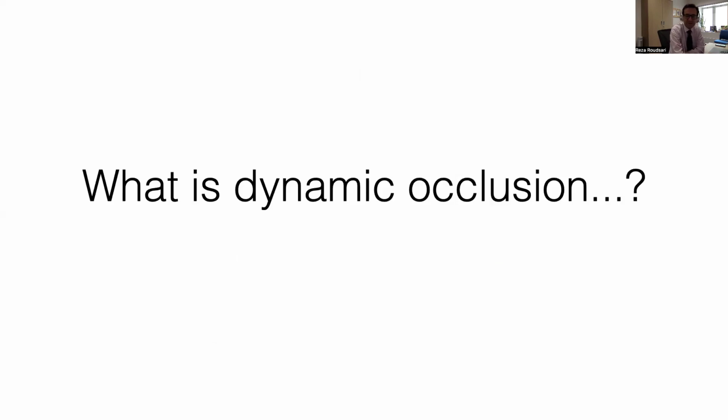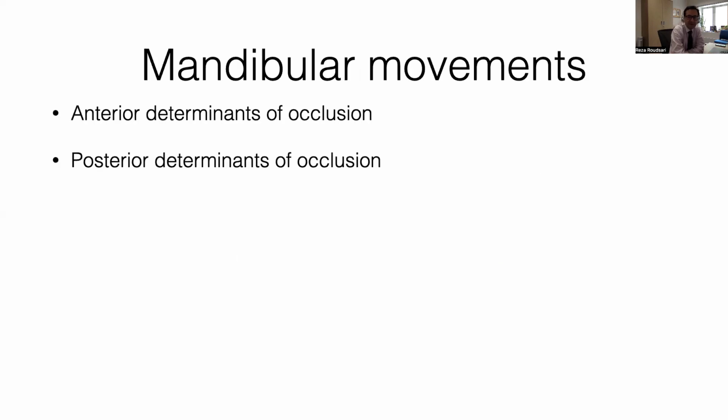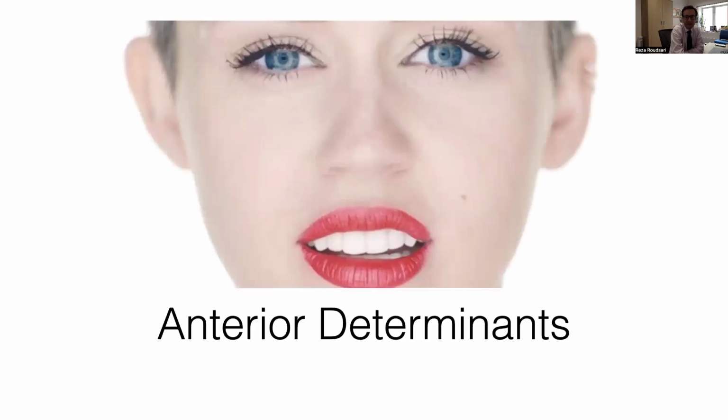Anyway, before we get into more depth on articulators, I have to talk a little bit about dynamic occlusion for you. Essentially, dynamic occlusion is your mandible when it's moving. So when it comes to mandibular movements, you have anterior determinants of occlusion and posterior determinants of occlusion. Your anterior determinants are genuinely your teeth.